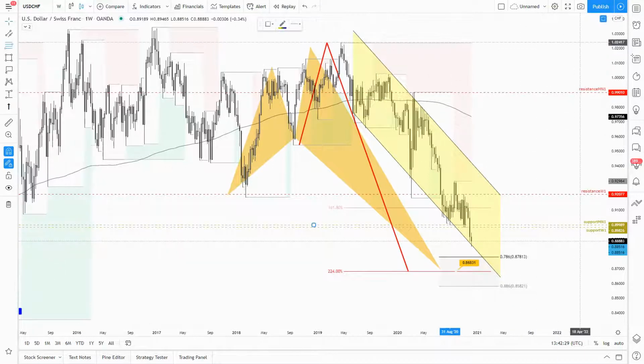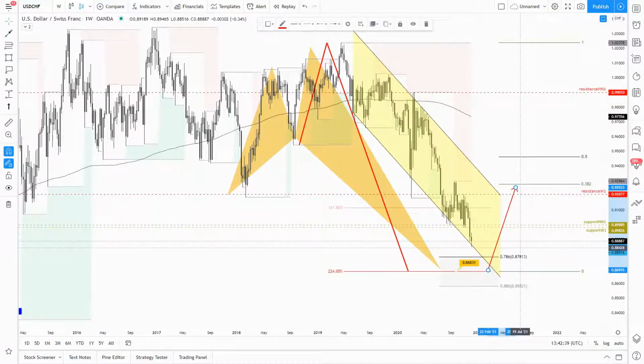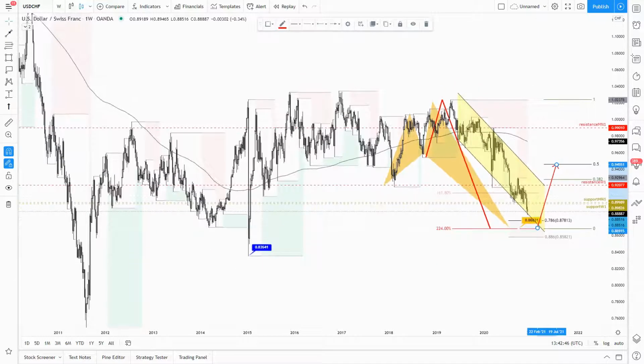And if that pattern gets formed, we expect then a major bounce from this Fibonacci level to the 38-50% Fibonacci retracement level again. So stay tuned on that possibility.